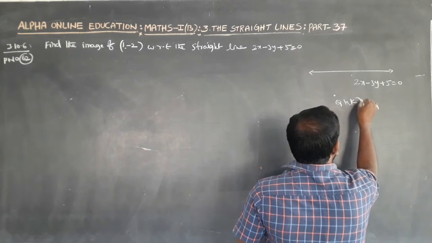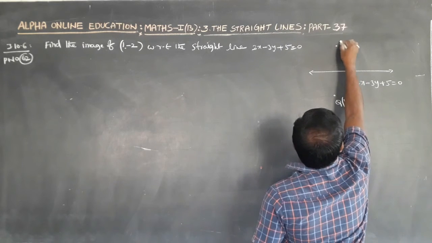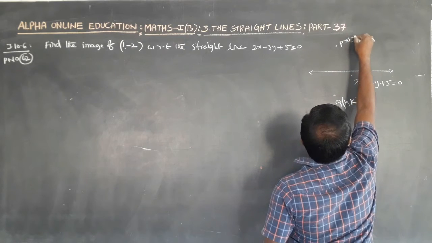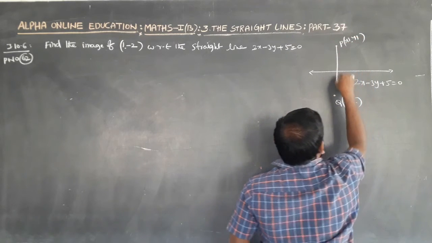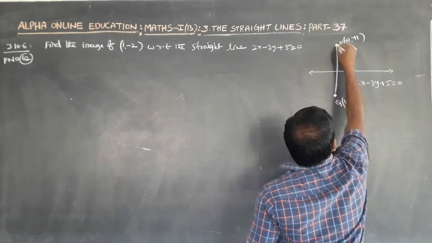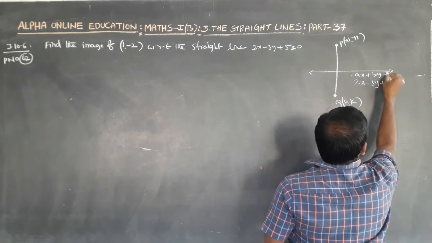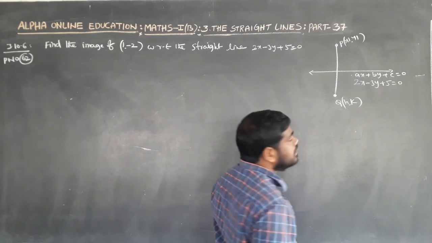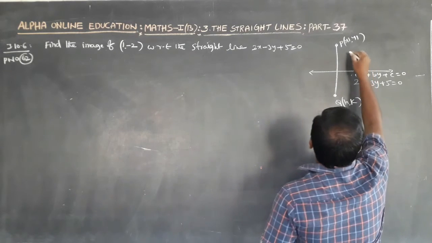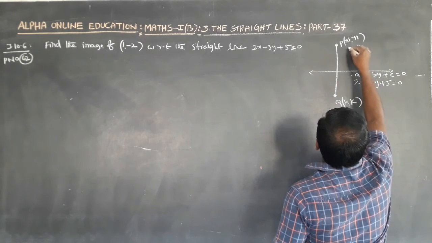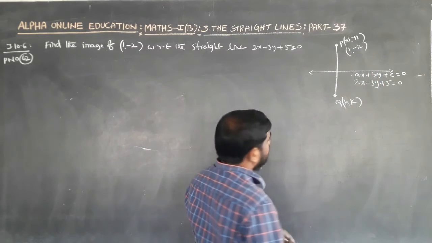Let Q(h, k) be the image of P(x1, y1) with respect to the line ax plus by plus c is equal to 0. Here P is the point (1, minus 2).